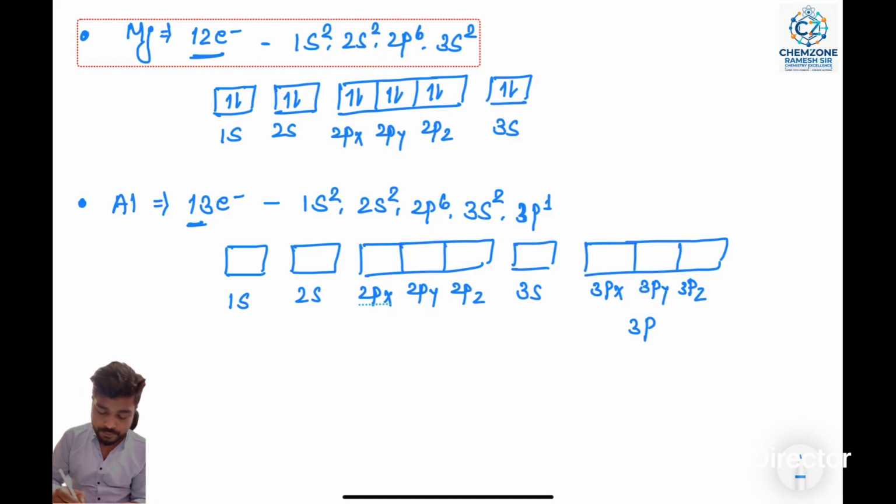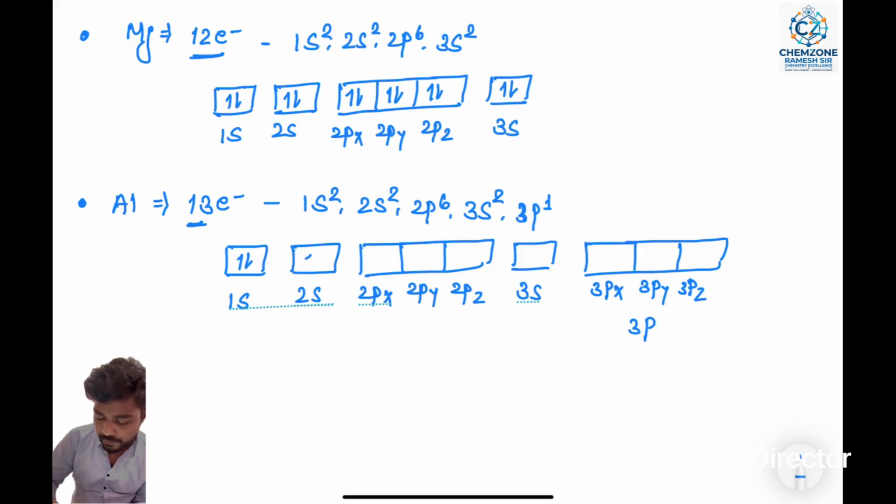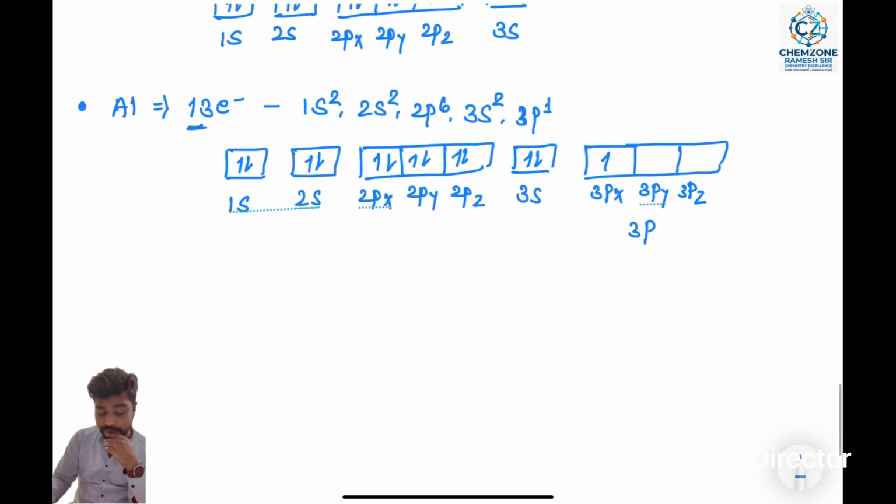Okay, only the principal quantum number is changed. So you are filling electrons here. So 1, 2, 3, 4, 5, 6, 7, 8, 9, 10, 11, 12 and 13. The last electron is present in the 3p orbital in aluminium.